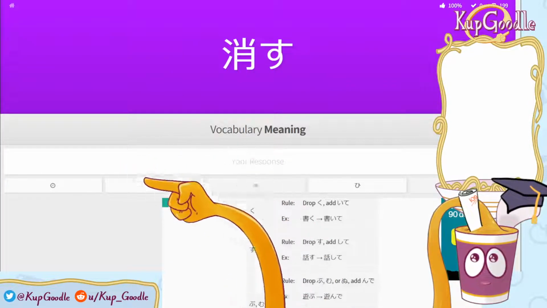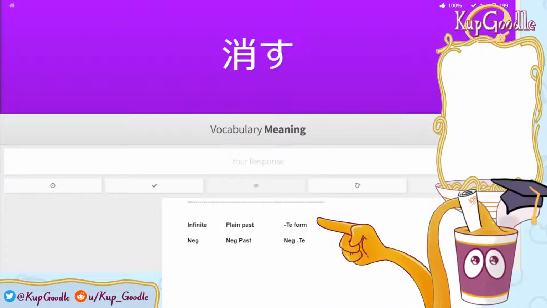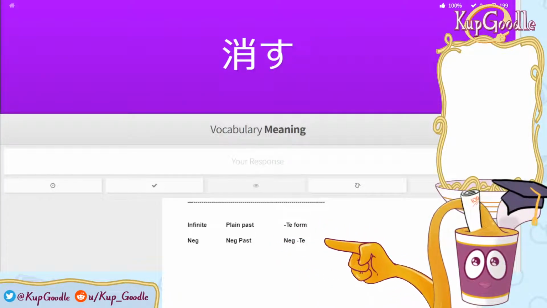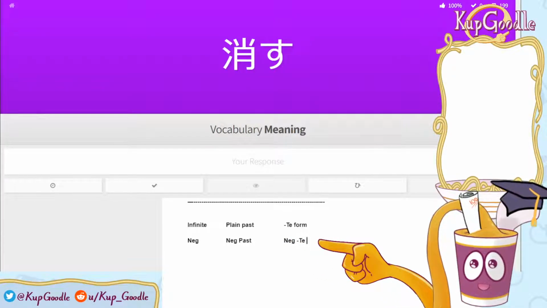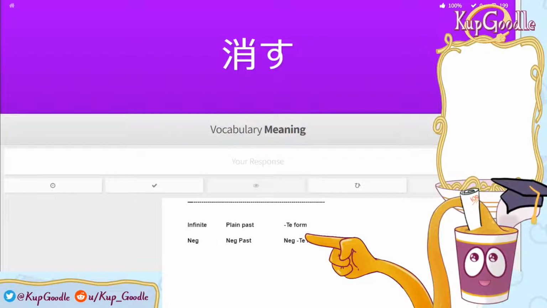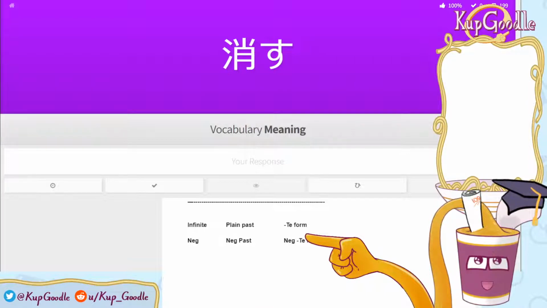I guess you would change the te form, and it would be the negative te iru form. Because for the negative te form, doing, I guess they wouldn't really have a not doing. Like, you could say, I love doing homework.